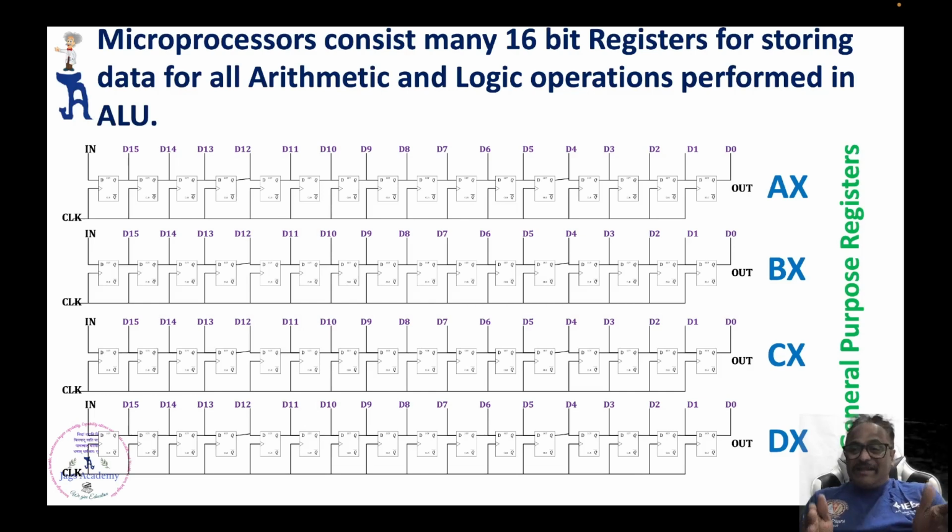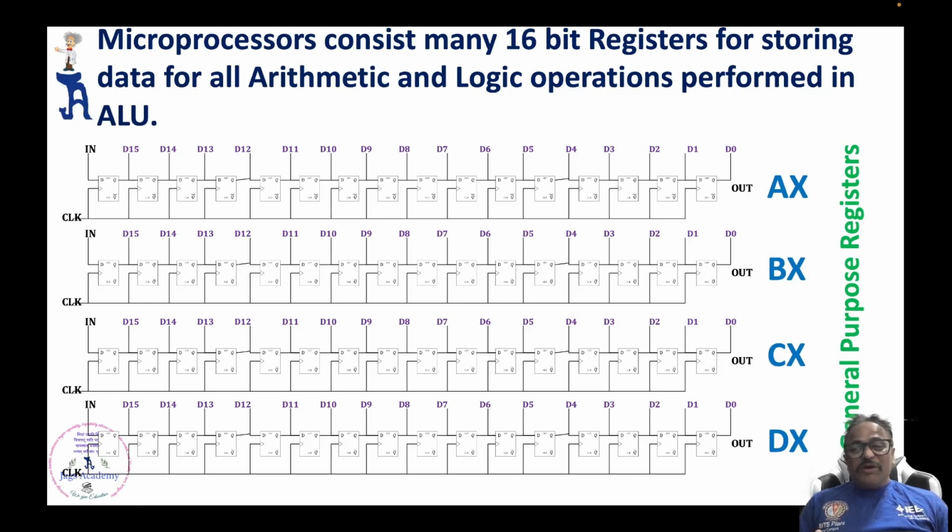and there are 4 general purpose registers. The meaning of general purpose is that they are not dedicated to any special or specific purpose in the microprocessor. These AX, BX, CX, DX are 4 separate 16-bit registers which can store values.